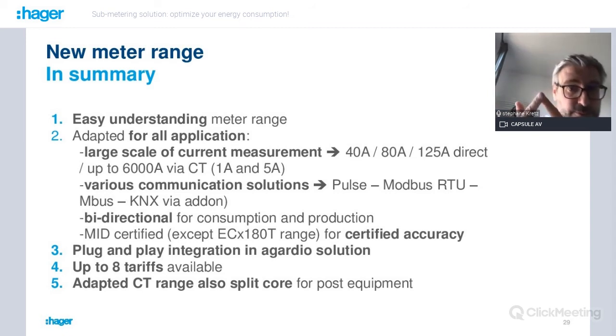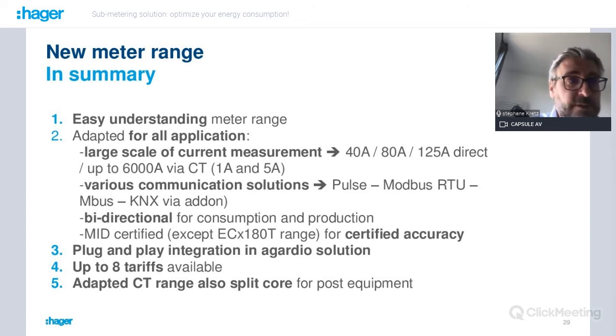It's important to have accuracy. It's important to have reliable products. So we have an easy, understandable meter range. I think it was clear. If you have questions, don't hesitate. Put them in the box, and we will answer.